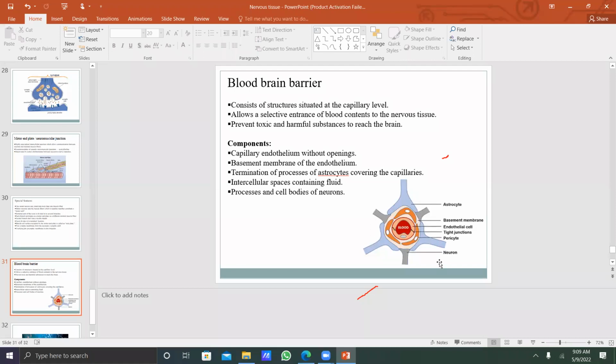Then the intercellular space containing fluid and the processes of the cell bodies of the neurons. So, between the neurons and the blood, there are several layers which only allow selective particles from the blood to enter the nervous system.